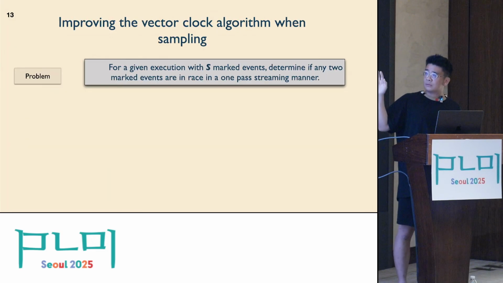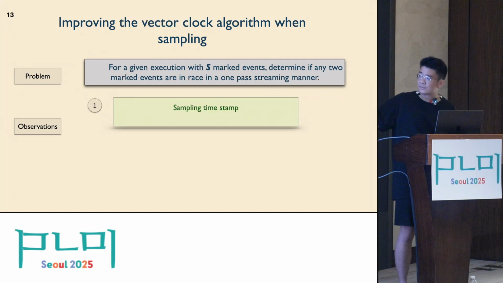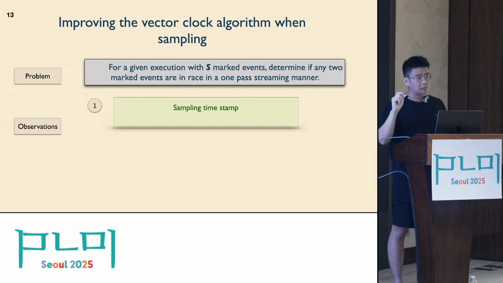So our algorithm is built upon this vector clock algorithm, but we have three observations that allow us to achieve this better running time complexity. The first observation is that we can simplify the local timestamp so that there is a bound on the number of updates each thread needs to make to its local information. And when the number of communications is far more than the number of local updates, many of them just become redundant.